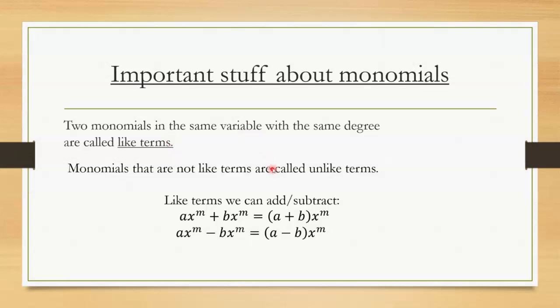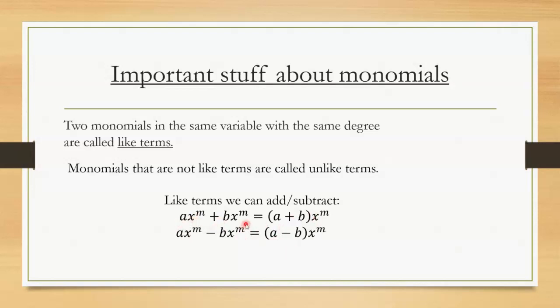Okay, that's cool. Well, so why do we care? Well, it turns out like terms, you can add and subtract. And really, it's not that hard to do. You just follow these rules here. In other words, you just add the coefficients together, or subtract the coefficients if they're like terms.